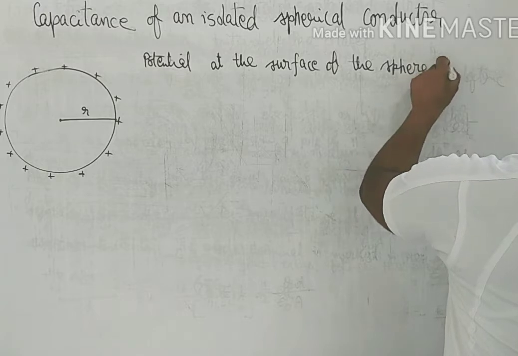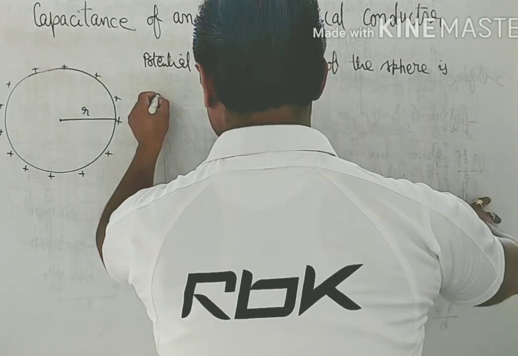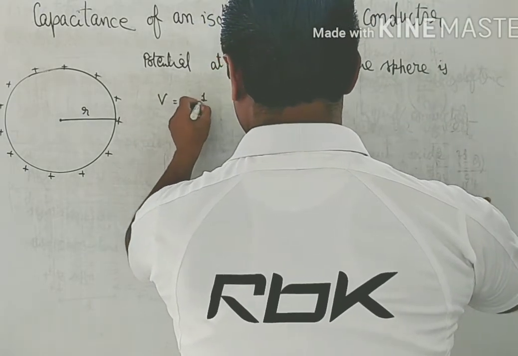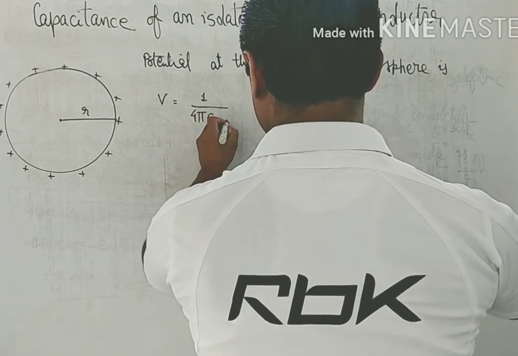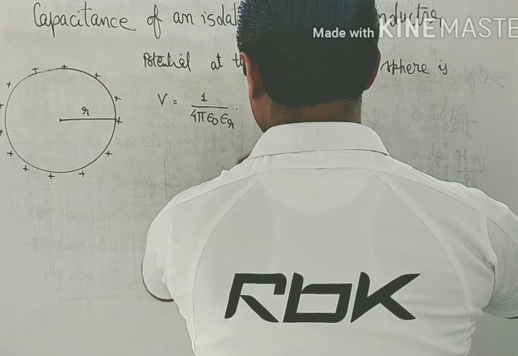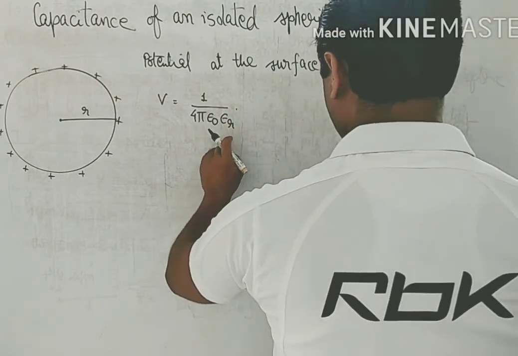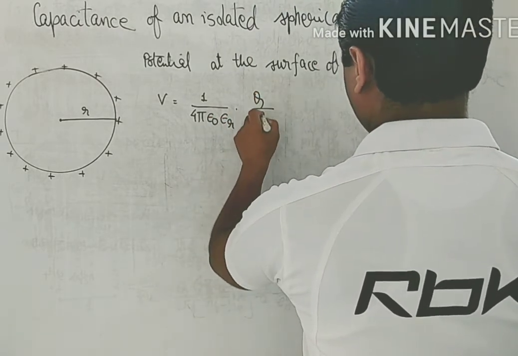V equals 1 upon 4 pi epsilon naught epsilon r into q by r.